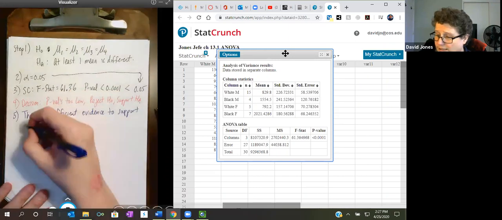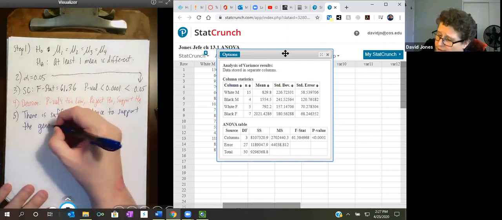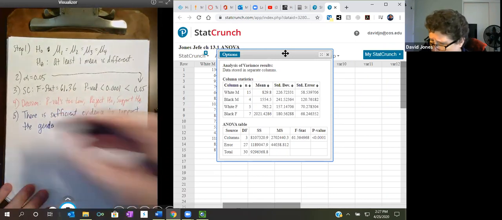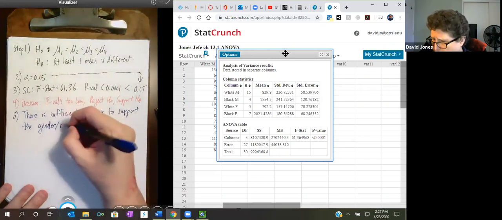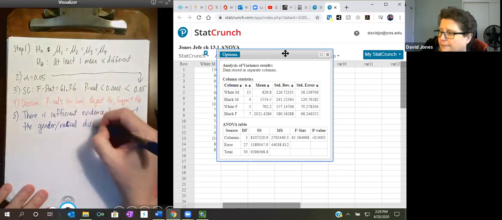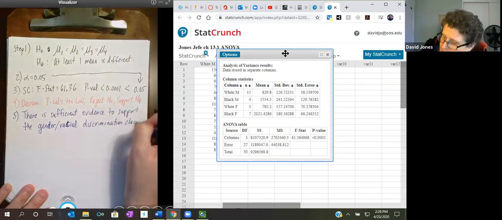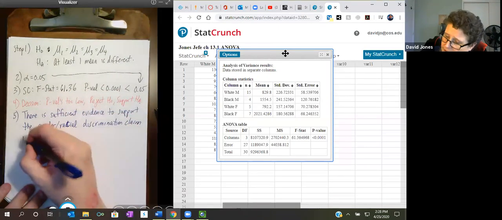And the claim was that there is gender racial discrimination in car sales. I worded my sentence poorly.